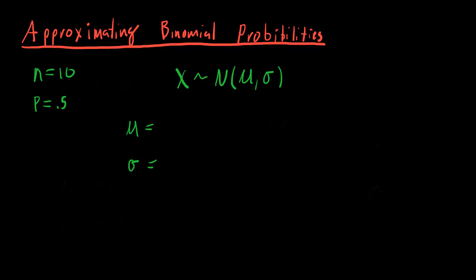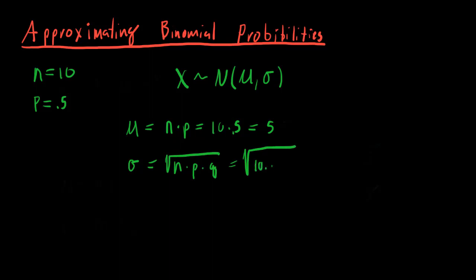We found that mu is equal to n times p, which in our case is 10 times 0.5, which is equal to 5. And then our sigma was the square root of n times p times q, which is equal to the square root of 10 times 0.5 times 0.5, which is equal to the square root of 2.5, which is about 1.58.